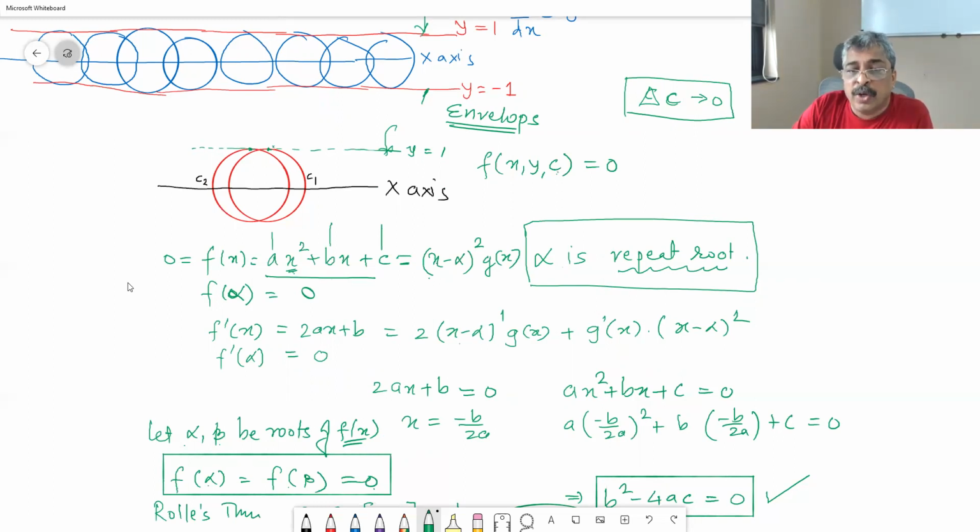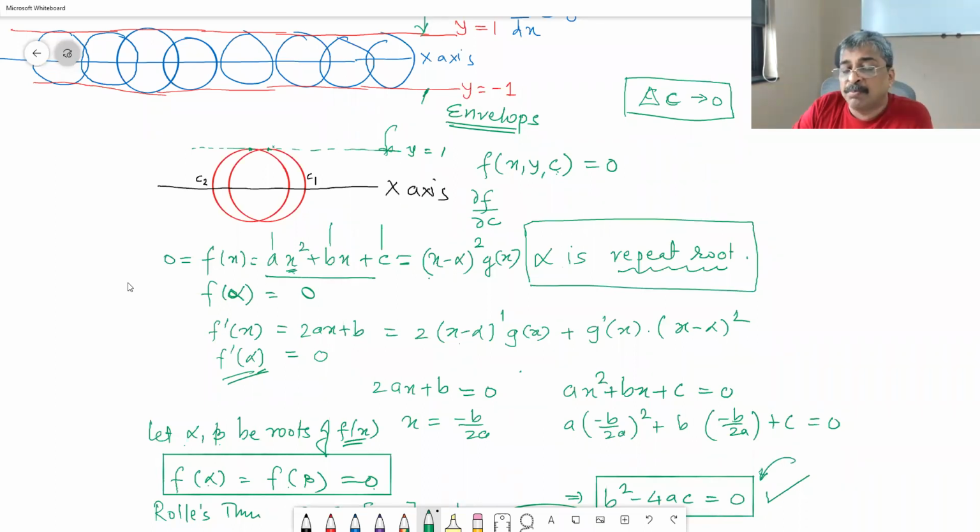So del f by del c, with respect to c, you want to eliminate c out of it. Here we wanted to eliminate x, therefore we differentiated with respect to x, and we got the condition for repeat root.